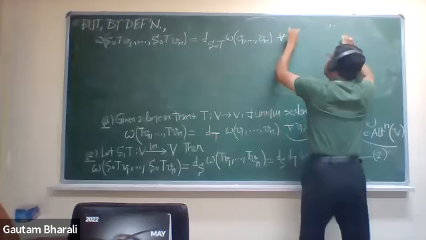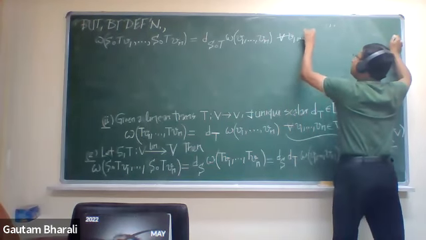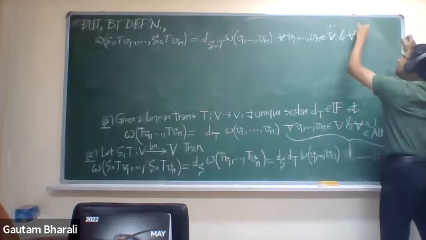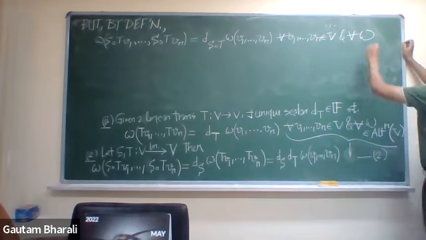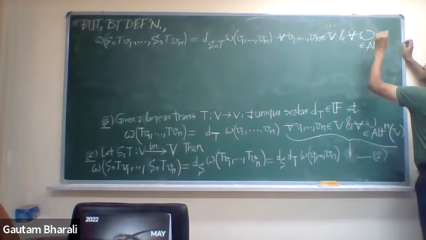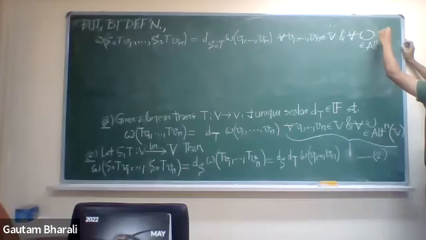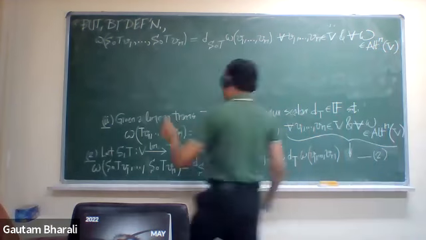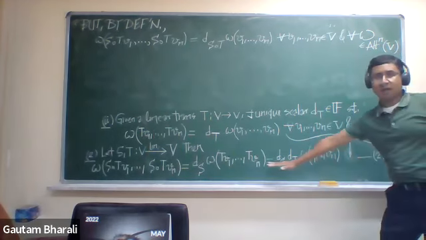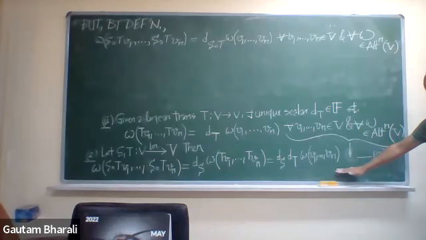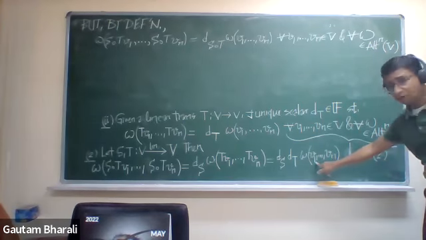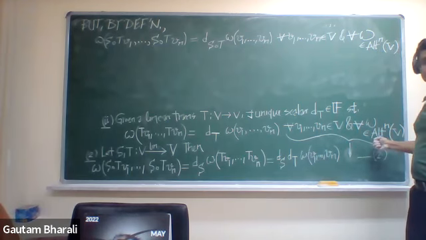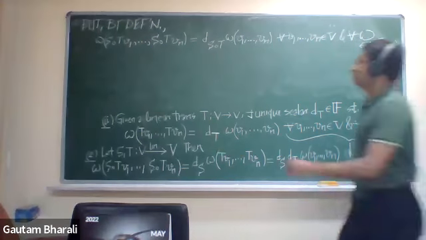This holds for all v1, dot, dot, dot, v sub n in capital V, and for all alternating n-multilinear functionals on V. So over here I have literally an identity, because this is true for all of these inputs and for every alternating n-multilinear functional.